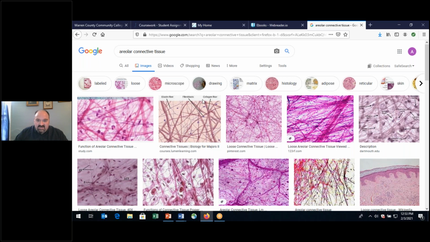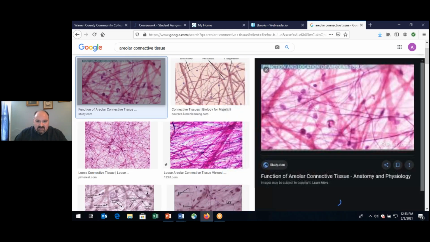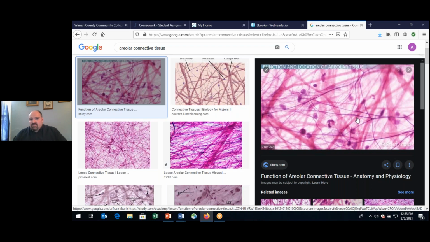And here you're seeing examples of this areolar connective tissue, which is quite an interesting tissue. In the lab, it'll look like this. What you're seeing here, folks, is these elastic fibers, right? In dark, they almost look like a pen drew a line. Those are elastic fibers.